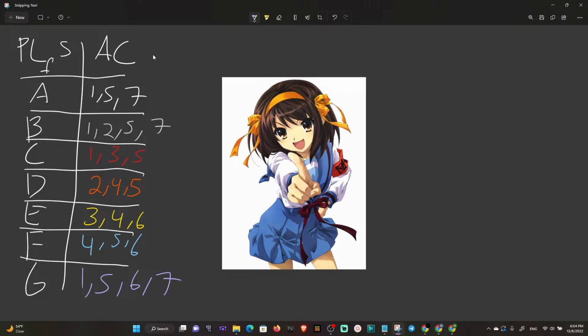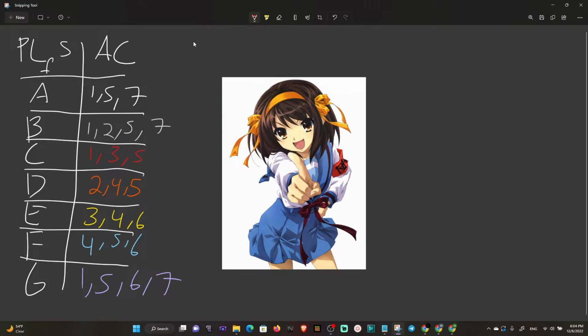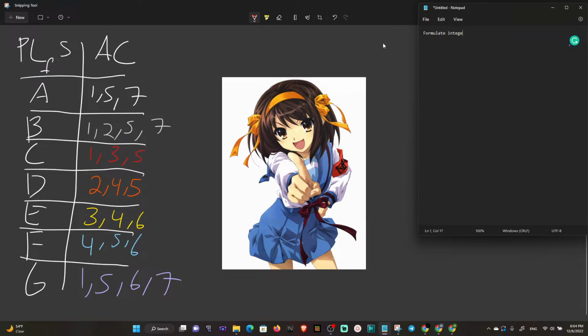So on the question, formulate an integer programming model that could be used to find the minimum number of locations necessary to provide coverage to all areas.